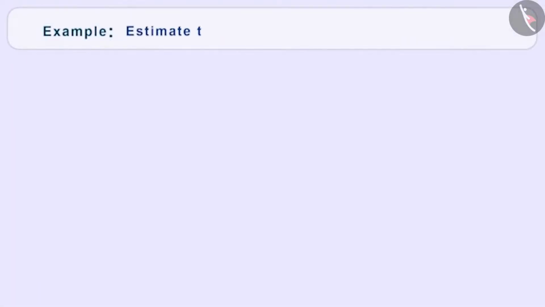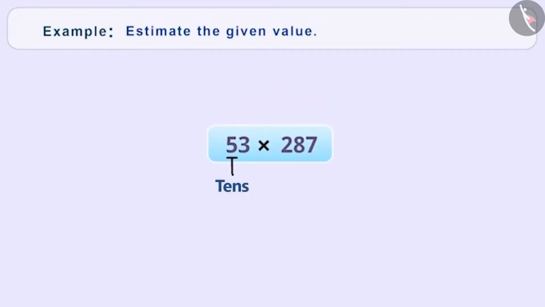Next example. Estimate the given value 53 into 287. While estimating multiplication, find the highest value of both the numbers to be multiplied. Here, the highest value in 53 is tens and the highest place value in 287 is hundreds. Then approximate the respective numbers to the highest place.